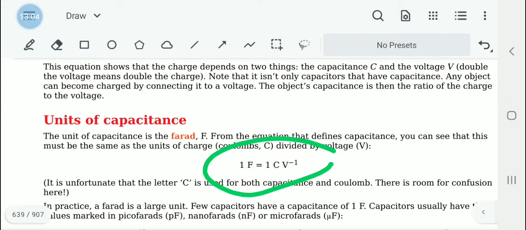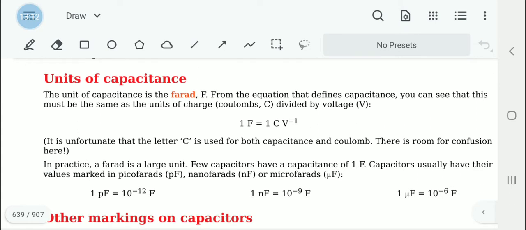That is the unit of capacitance. It is measured in farad, but farads are equal to 1 coulomb per volt. Here there is a small thing that you need to remember, because here the C does not stand for capacitance. It is coulombs. But capacitance is also C.